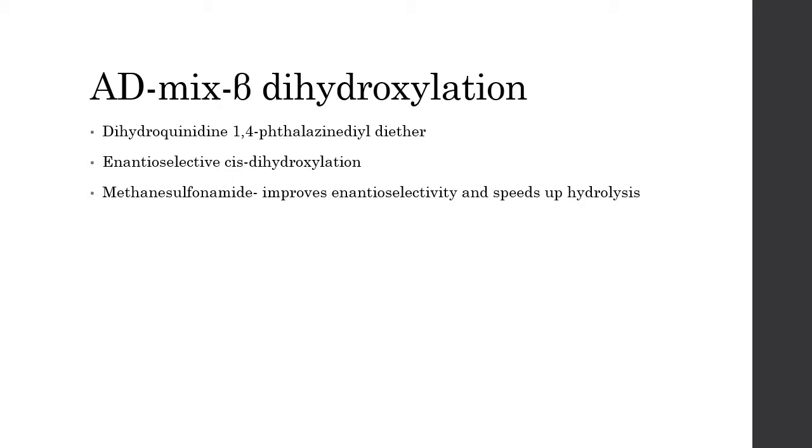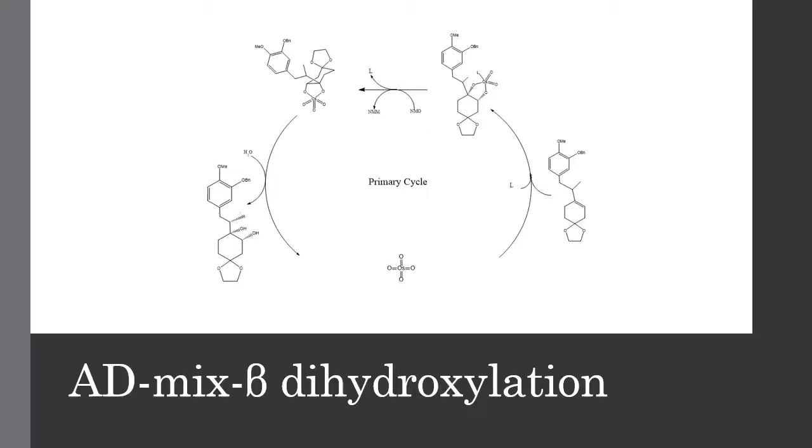In this particular synthesis, they use methanesulfonamide, and this is to improve enantioselectivity, and it also speeds up hydrolysis. So this reaction actually produces 2 enantiomers, but it's going to favor one more than the other. For the mechanism of AD-mix beta dihydroxylation, we're going to start with osmium tetroxide.